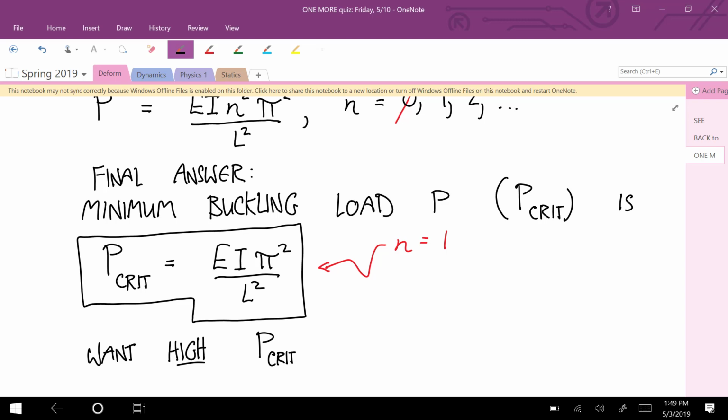Yes, the shape is all contained in that I. So that's area moment of inertia. Yeah, the two I's that we've dealt with are area moment of inertia and the polar moment of inertia. And polar is torsion, so this is area.